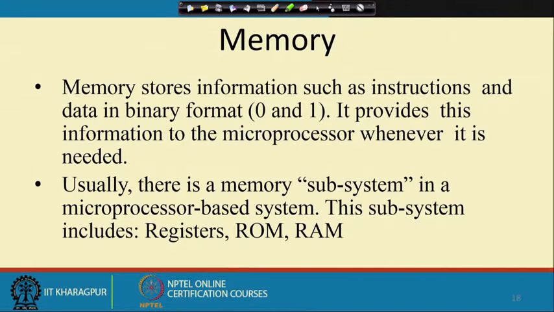The microprocessor talks to this ROM and RAM by means of the system bus that we have seen. But from the angle of storage, all these modules, registers, ROM and RAM, are storing some information. So we put them under a broad heading of memory subsystem. In the memory subsystem all this information is stored, and the processor can get the information from that part.